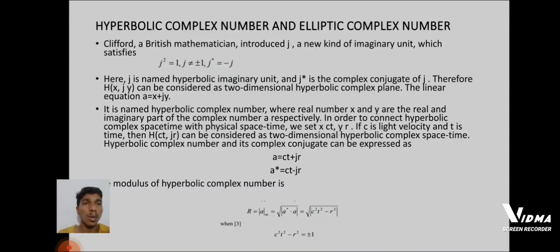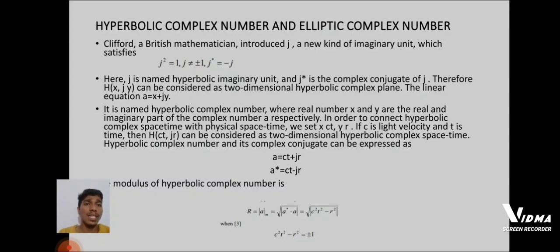The hyperbolic complex numbers and elliptic complex numbers. Clifford, a British mathematician, introduced j, a new kind of imaginary unit which satisfies j square equals 1, j not equal to plus or minus 1, and j star equals minus j.